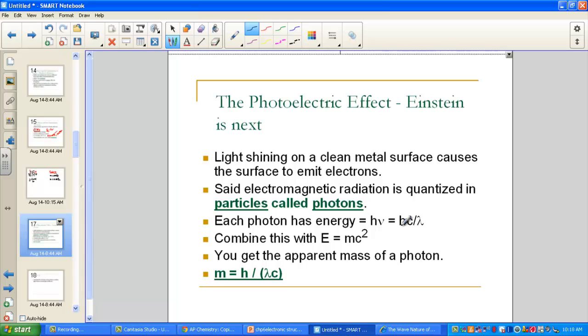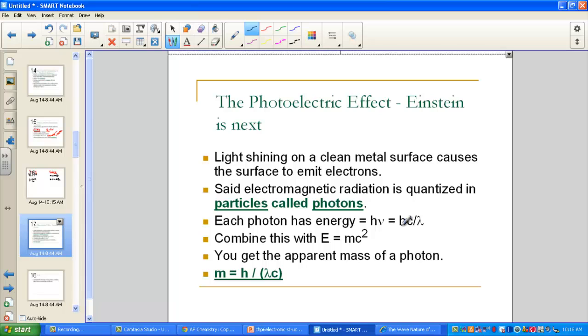Albert Einstein in 1905 used Planck's quantum theory to explain what is called the photoelectric effect. His experiment showed that when you shine a light on a clean metal surface, electrons are ejected or emitted. They bounce out. For each metal he was experimenting with, there appeared to be a minimum frequency of light below which no electron was emitted.